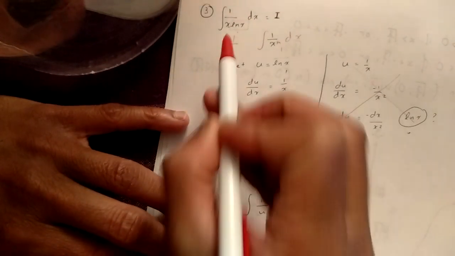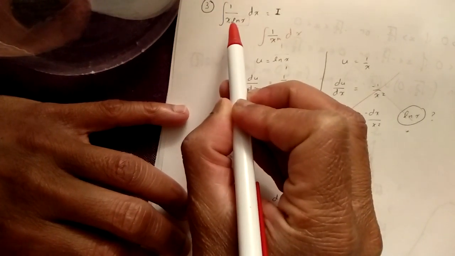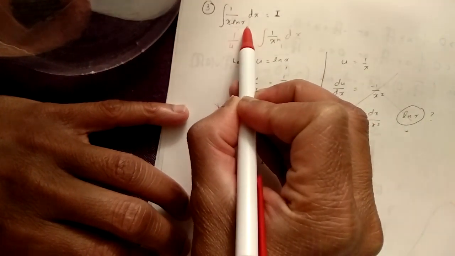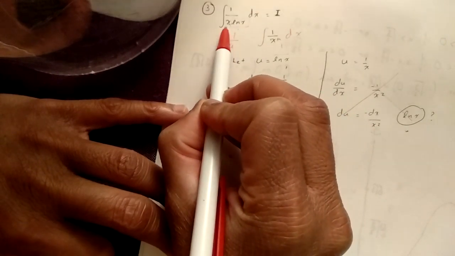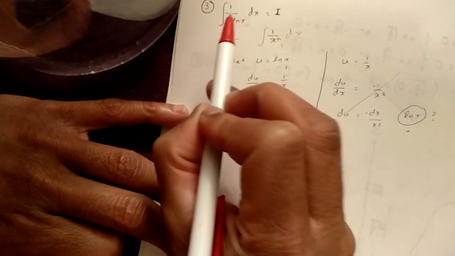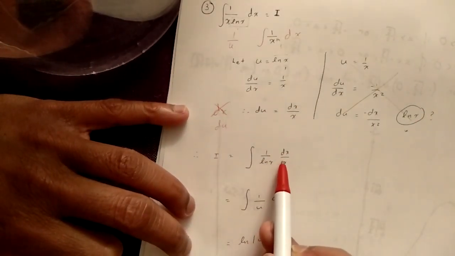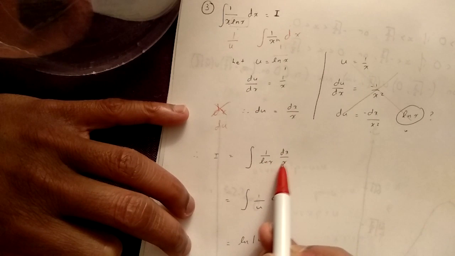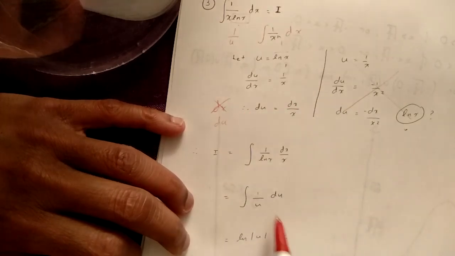This is the same original problem, the only difference is I have written x in here. Since this is a multiplication, you can write x times ln x as ln x times x. Now we have x in the denominator of dx, and that means we can replace it with du.